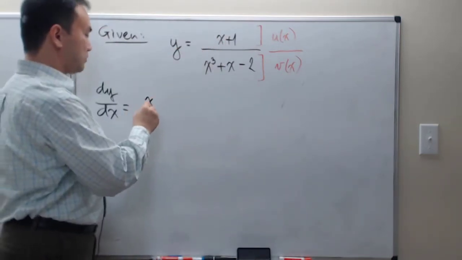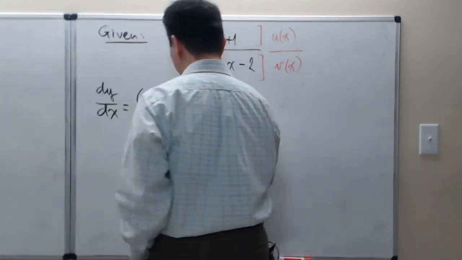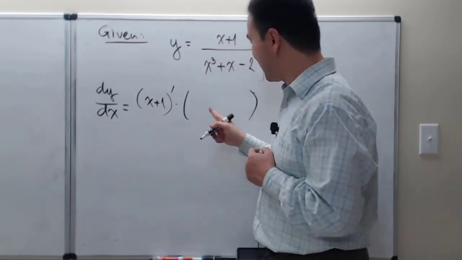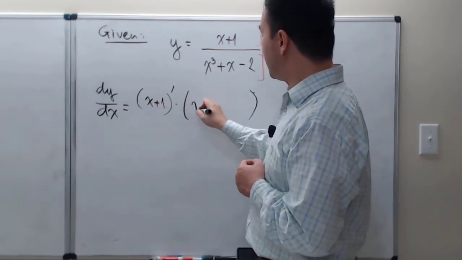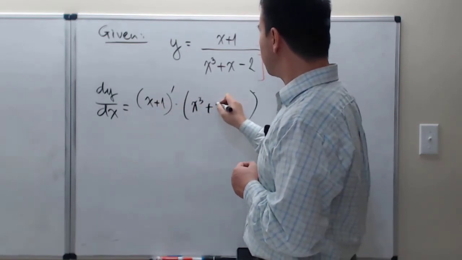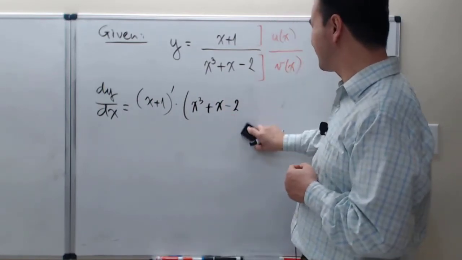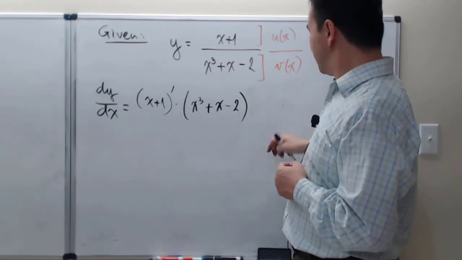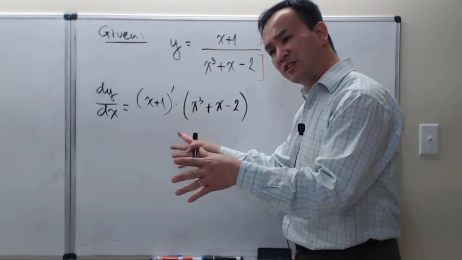We need to take the derivative of u. So now for x plus 1, I'm going to take the derivative. The rule I'm introducing says we multiply the derivative of x plus 1 with x cubed plus x minus 2, keeping it the same. So it's starting to look similar to the product rule.